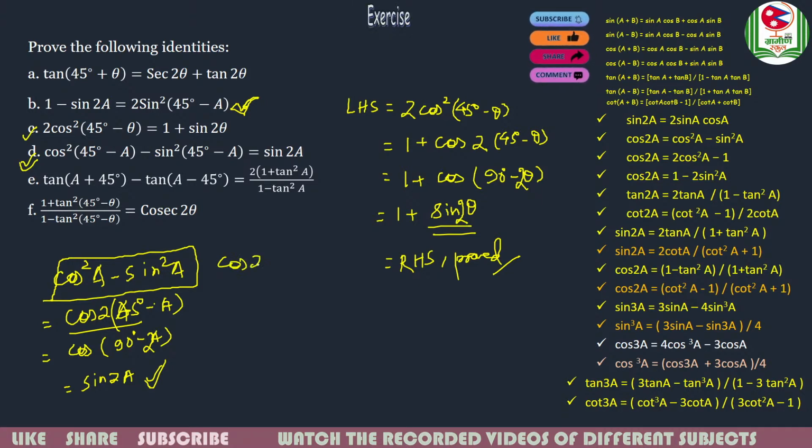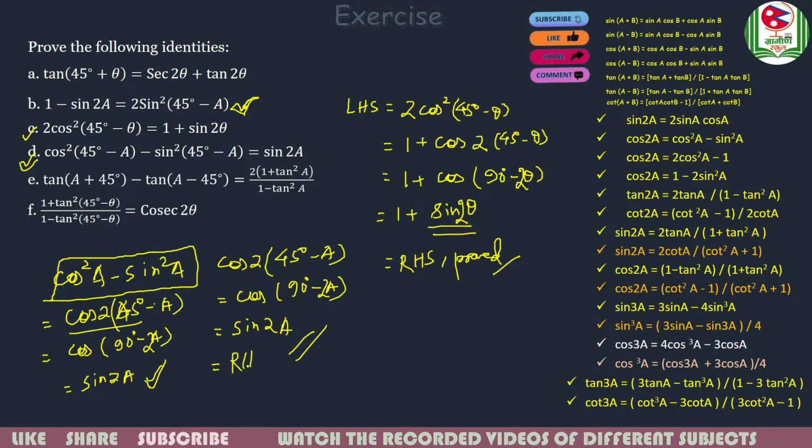So we write cos 2 into (45 minus a). So it is going to be cos (90 degree minus 2a), and it is sin 2a. Okay, in this way we have proved this one. So it is RHS.